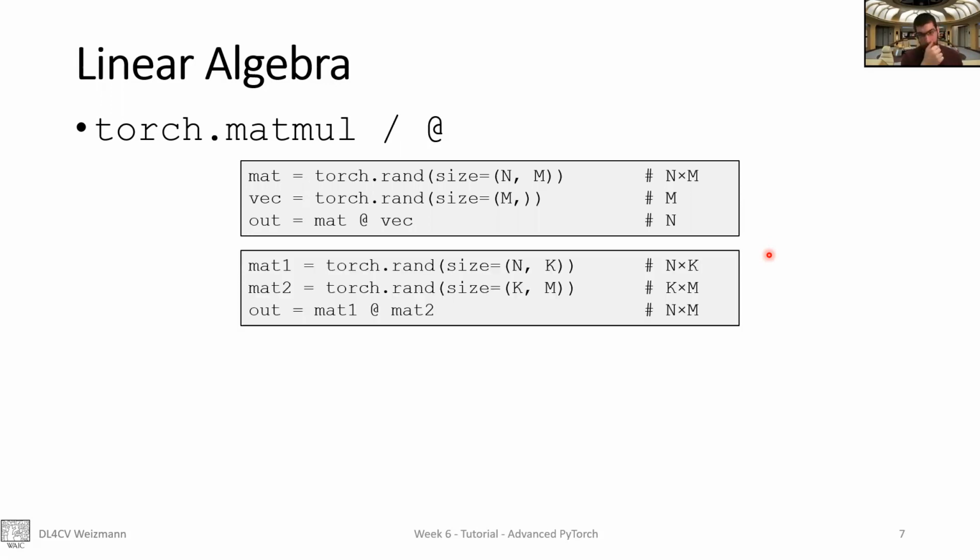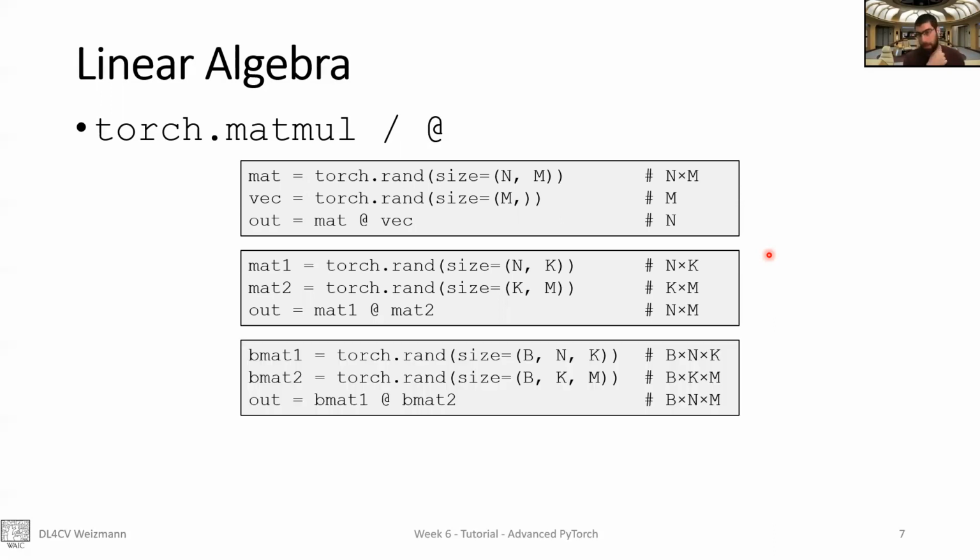Matrix multiplication, and also batch matrix multiplication. Here we have a batch of matrices, a second batch of matrices, and we multiply each batch element with its corresponding batch matrix from the second batch. So this is the linear algebra operator.